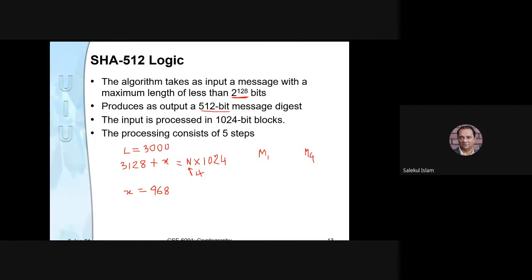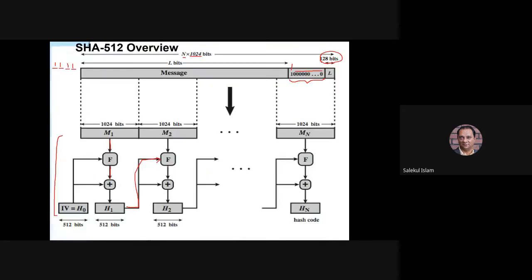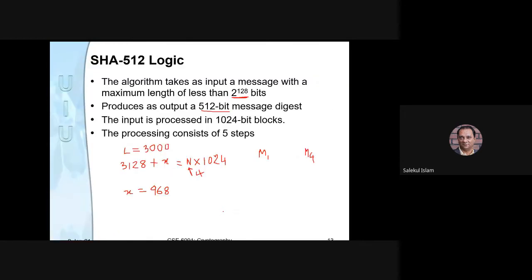M1 is the initial block. So I have 4 blocks: M1, M2, M3, M4. I will do the same repetition, that is H1, then H2, then H3, then H4. The final output of M4 will be H4, and that H4 will be my final message digest.